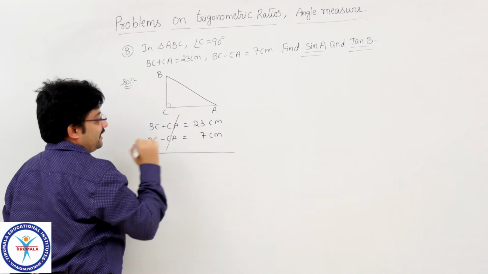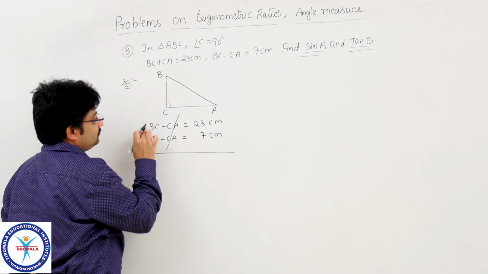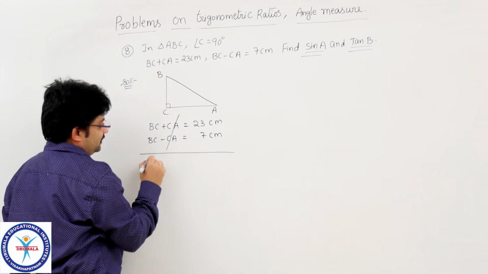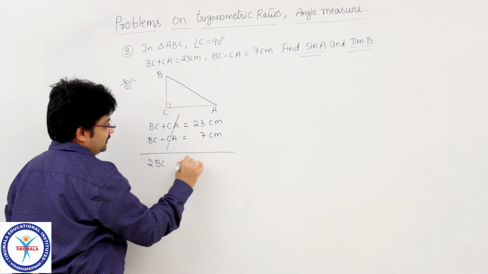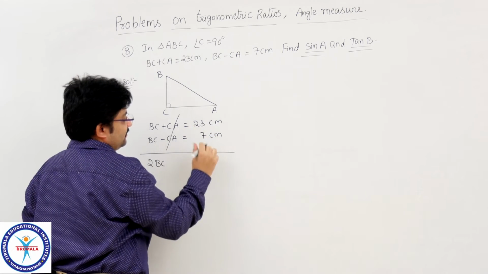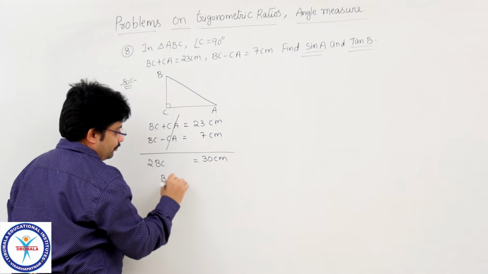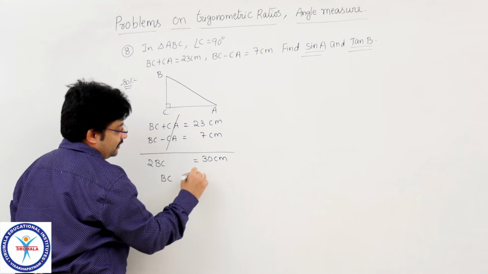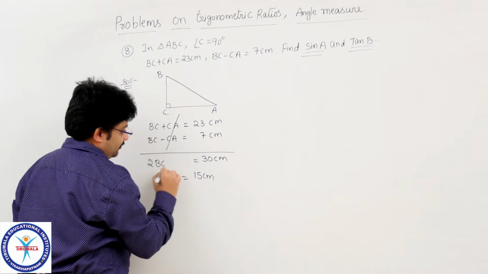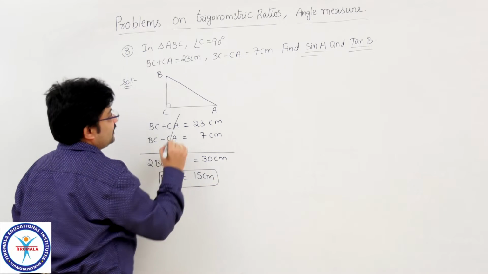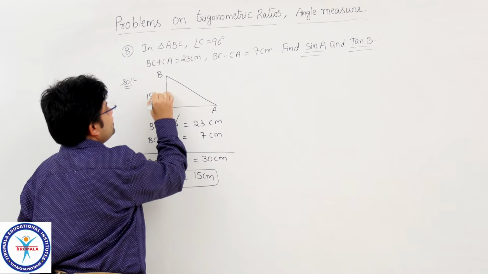Here plus CA and minus CA get cancelled. BC and BC, that is 2BC, is equal to 23 plus 7, that is 30 centimeters. Therefore, BC is equal to 30 by 2, that is 15 centimeters. The length of BC is 15 centimeters.